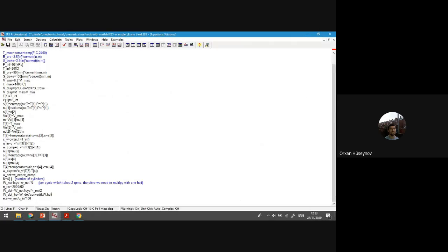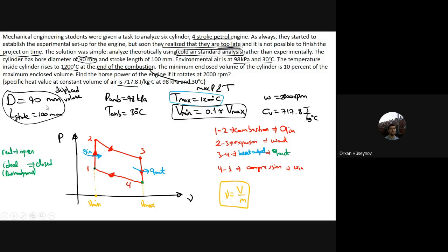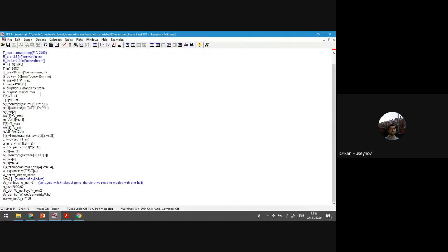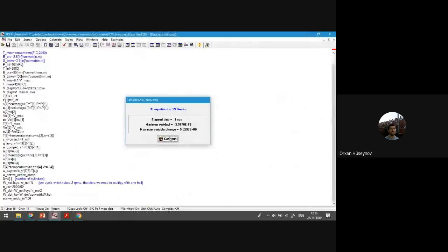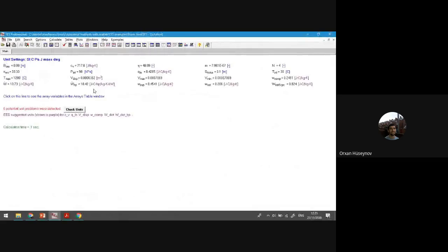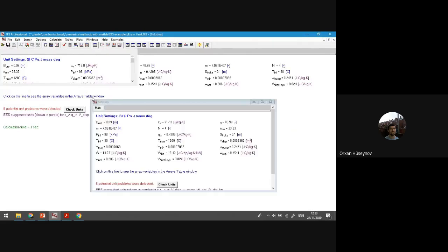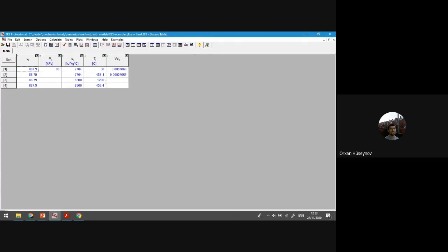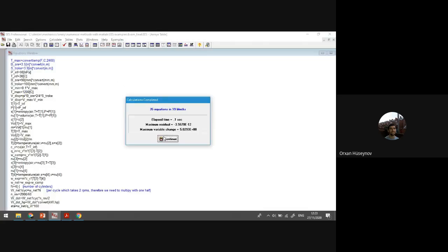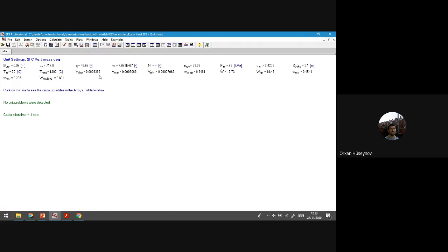Correct values here. It's 100 millimeters. I should correct the values now. It's 400, okay. And the volume values, they are okay.